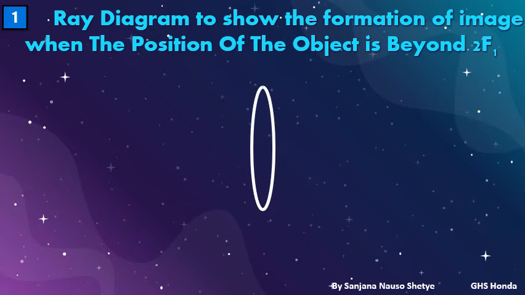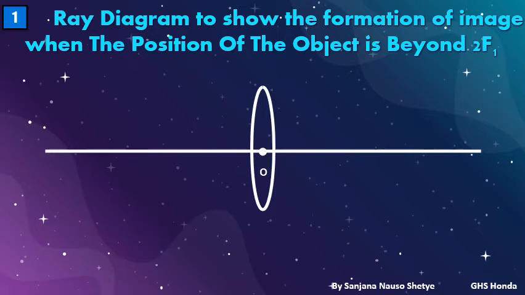First, draw a convex lens with center O. Draw the principal axis and on the principal axis mark the points F1, F2, 2F1 and 2F2 at equal distances which represent focal length. Draw an upward arrow on the principal axis which represents an object.